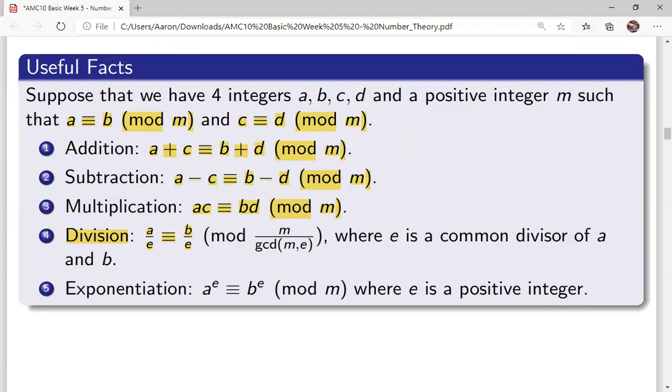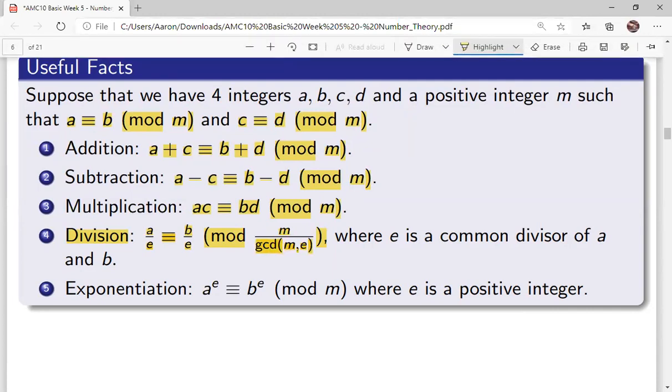A divided by E is congruent to B divided by E mod M divided by GCD of M and E. If M and E are relatively prime, then you can just treat it like you would addition, subtraction, or multiplication. If not, then you need to divide by their GCD.